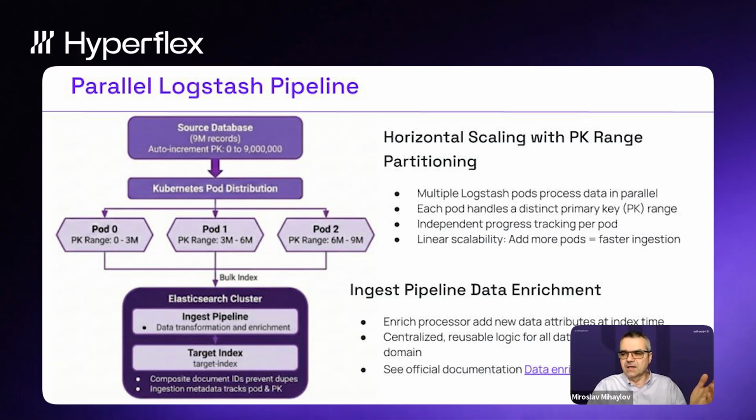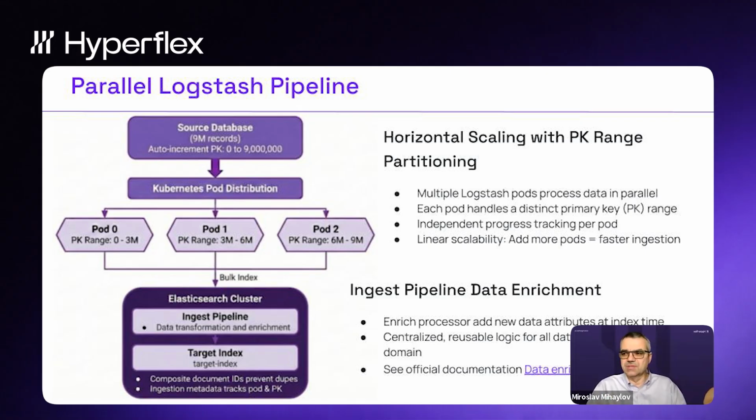We use that auto increment primary key as a partitioning. So 9 million records, let's say divide them by 3. So I have 3 pods, and each pod is executing a SQL query, a JDBC query with paging against the source database.